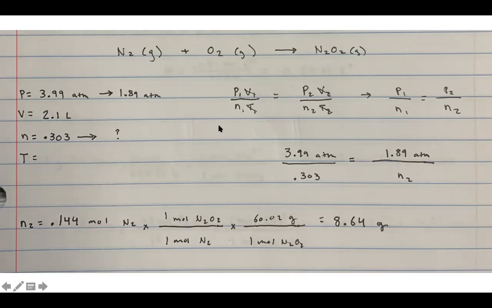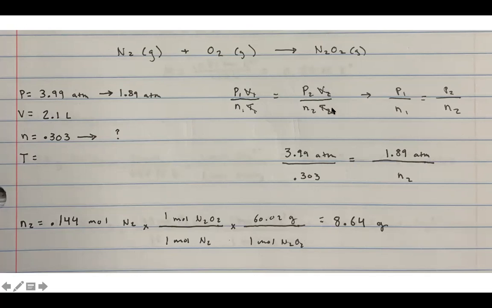So again, this is a change problem where one condition, in this case our pressure, is changing, and we are asked how a different variable, in this case number of moles, changes in response. Whenever we do a problem like this, we use this general format: P1V1 over N1T1 equals P2V2 over N2T2.